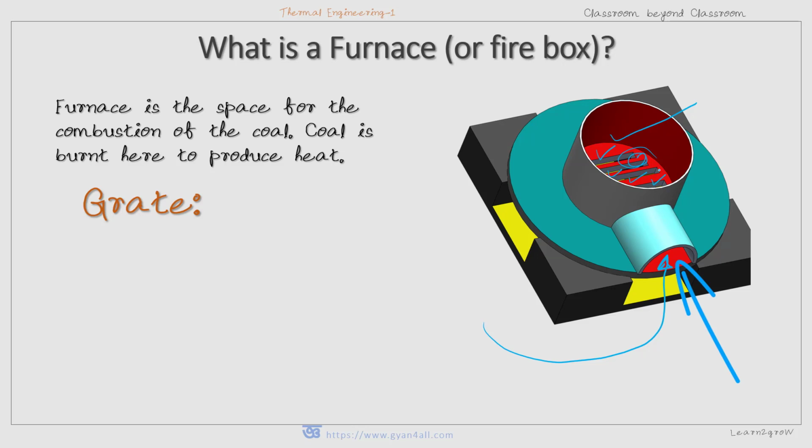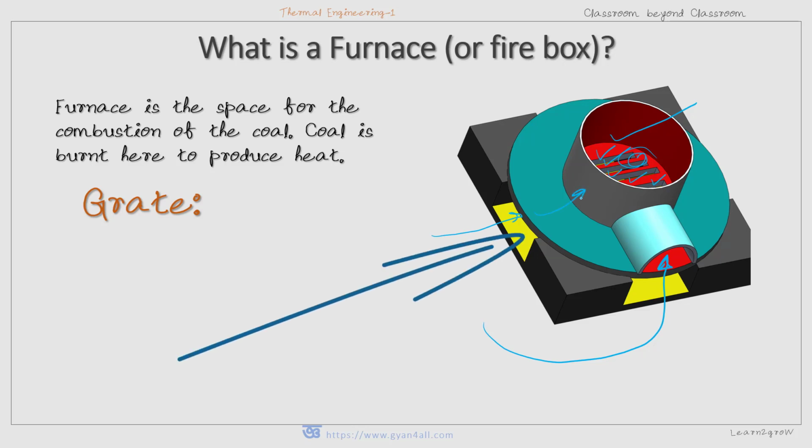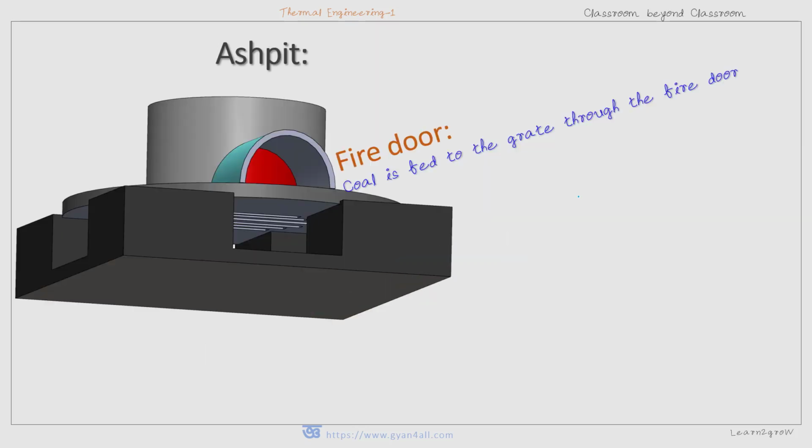There are some openings on the grate for supply of air from the bottom. Due to this opening, the air can enter and it will go up for burning the fuel. And these openings are also very useful for the ash that is produced after burning to be settled on another platform that is called the ash pit. Now, what is ash pit?